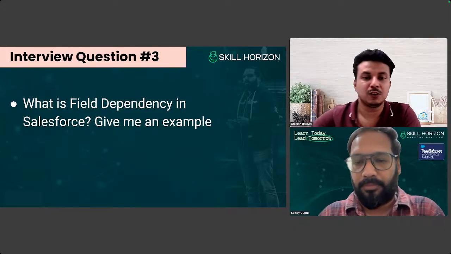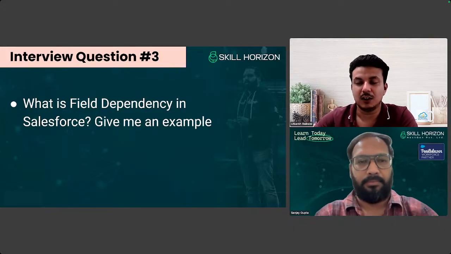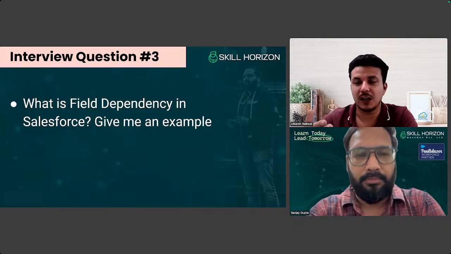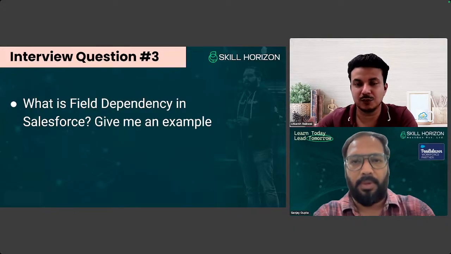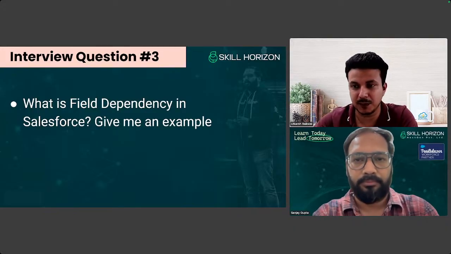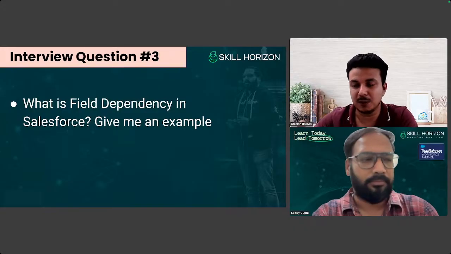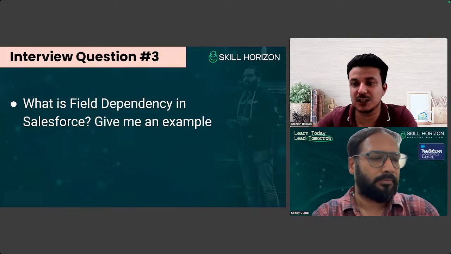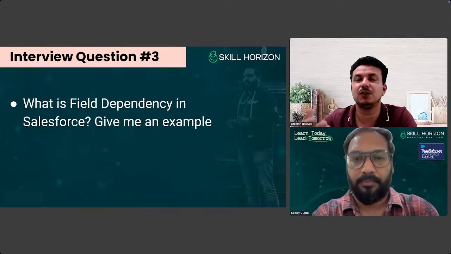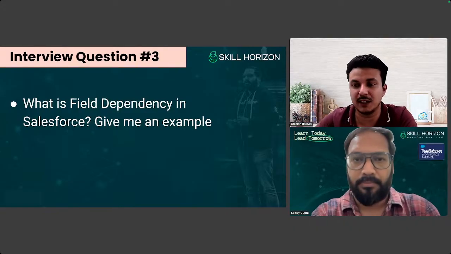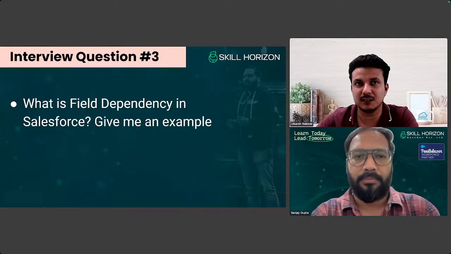Sure, sir. So field dependency allows us to filter the values of one picklist, which is termed the dependent picklist, based upon the selected values of another picklist, which is termed the controlling picklist.